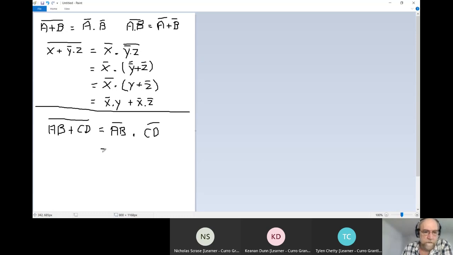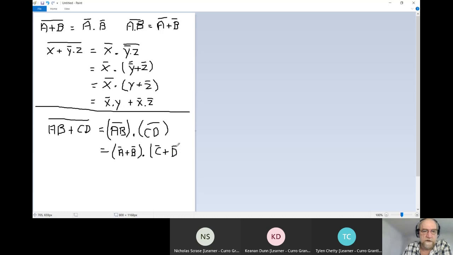Now what we can do is use De Morgan again on each piece of it. You can think of it as having a bracket around there and a bracket around there. So let's use De Morgan on this left-hand piece. Break the line, change the sign. So I've got A or B, and C or D, same thing.